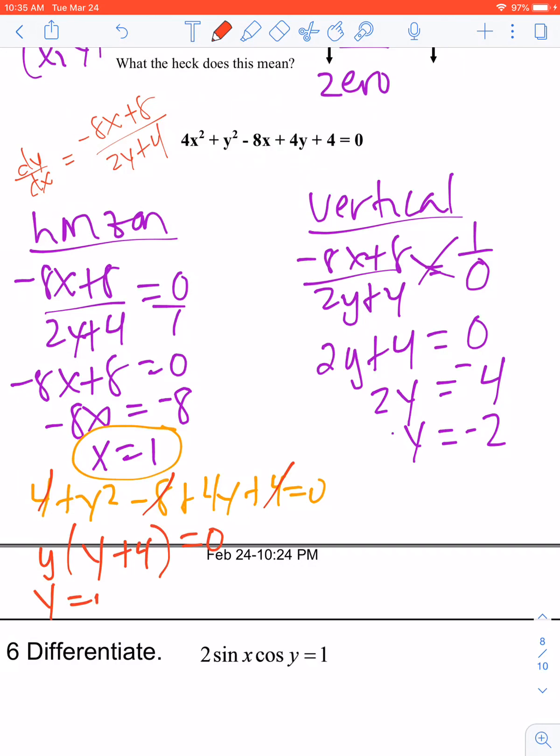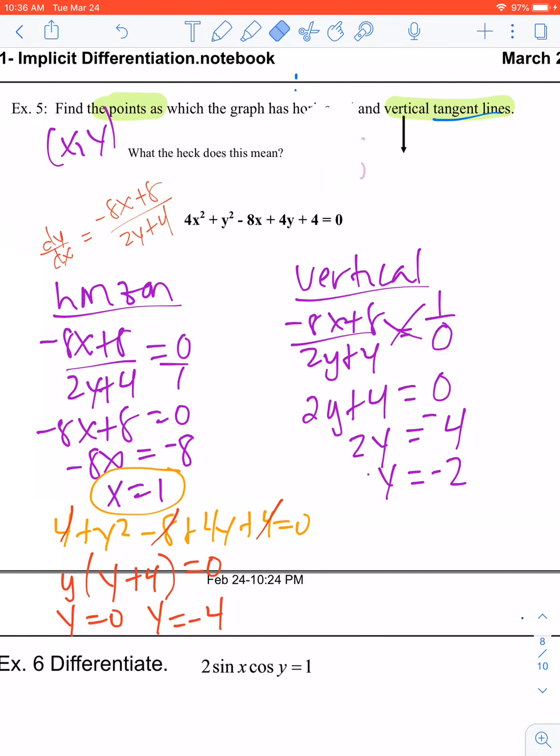And using the zero product property, I have y equals 0 and y equals negative 4. So when I put that information together, this means that I have horizontal tangent lines at the points (1, 0) and (1, negative 4).